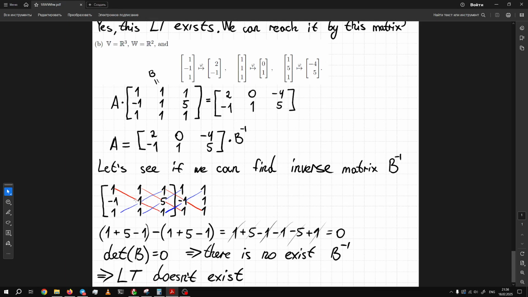And we found the determinant by using Sarrus' rule. Yeah, I think it's the easiest way to do this in this case. So B to the power of -1 does not exist. That means that we cannot find some matrix A, and so that means that the linear transformation does not exist. I forgot the S there.